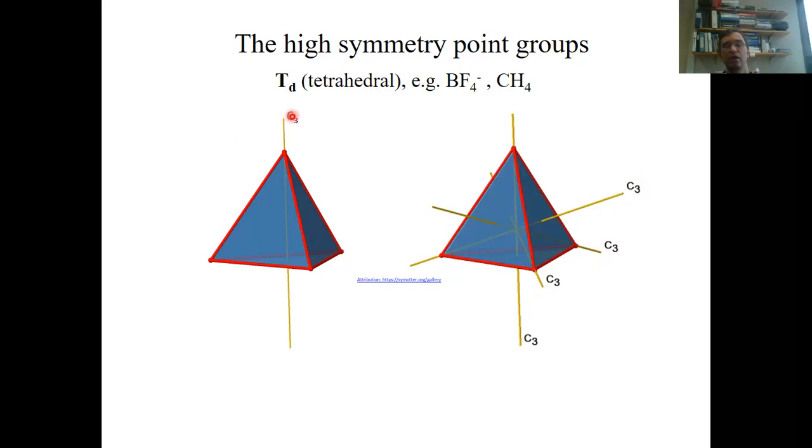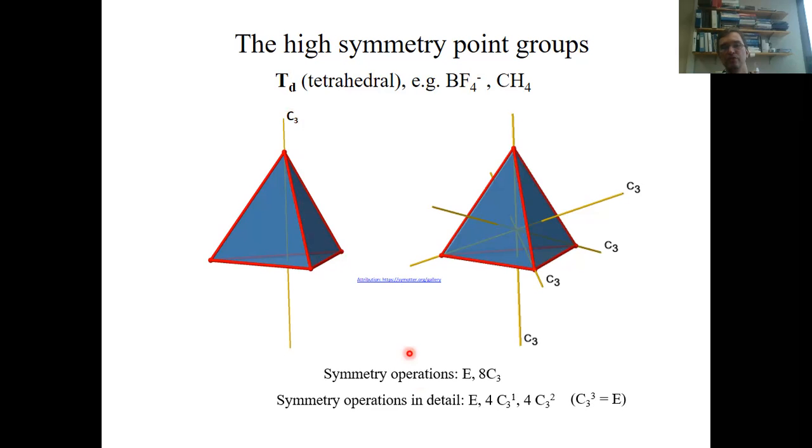Now how many symmetry operations are associated with these C3 axes? In principle, we have to consider all symmetry operations from C3^1 to C3^3. C3^3 is the same as the identity, so we only need to consider C3^1 and C3^2.